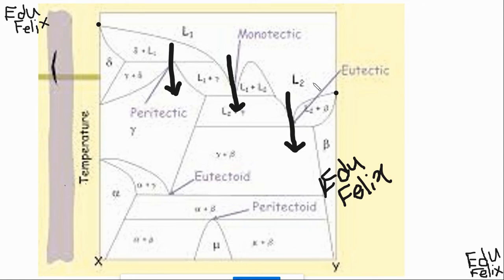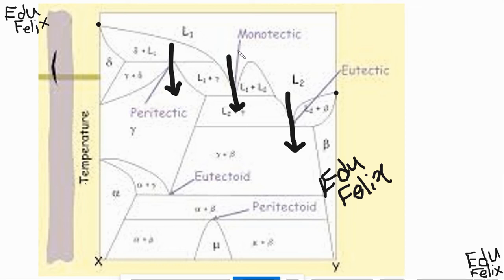So in these three systems, eutectic means you have a different melting temperature below these two. If you cool it, it changes to different phases, gamma plus beta. So after cooling L2, you form two different solids, gamma plus beta. It is called eutectic. Then monotectic here, you can see L1 changes to L2 plus gamma.